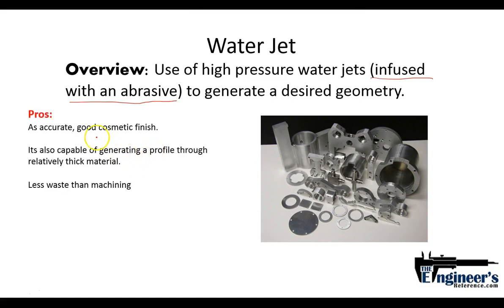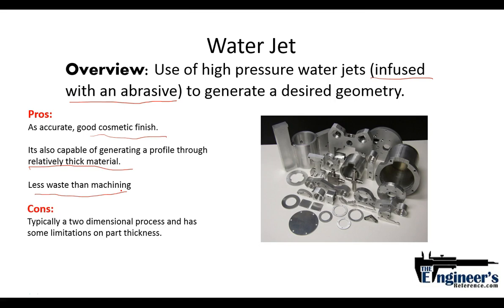Again, very accurate, and it's got a fine grit in it, so you do get a nice finish out of it. You're able to generate a profile through relatively thick material, much thicker than you can with plasma cutters, and there's not a lot of waste involved. The waste that you get from, say, a machining process is much larger than with a waterjet process. But again, there are trade-offs.